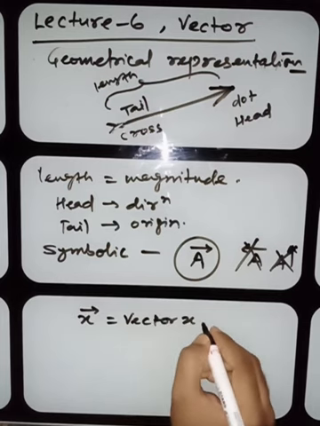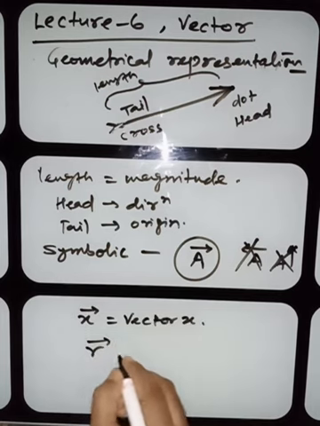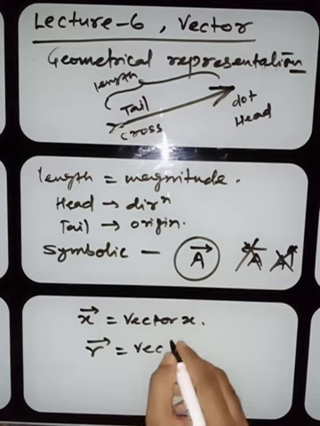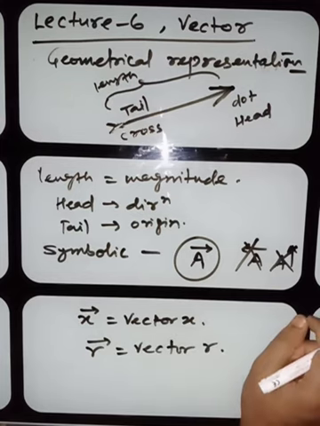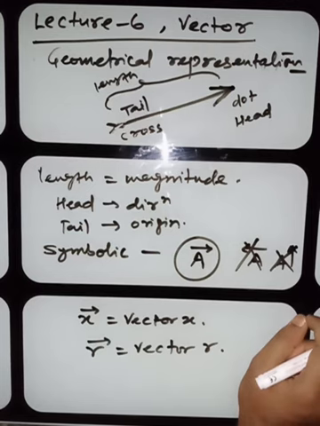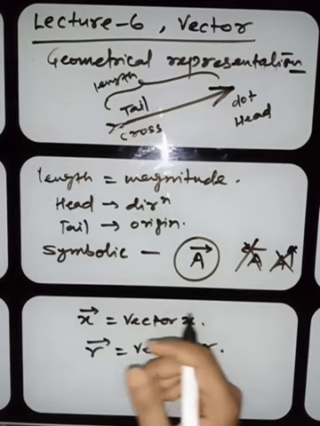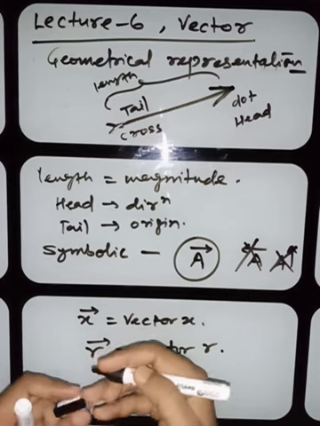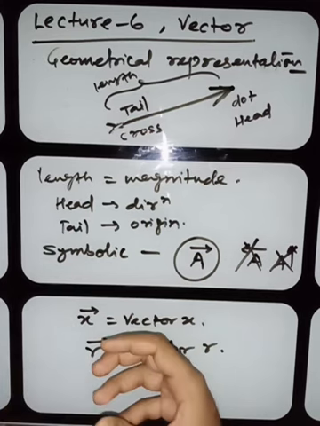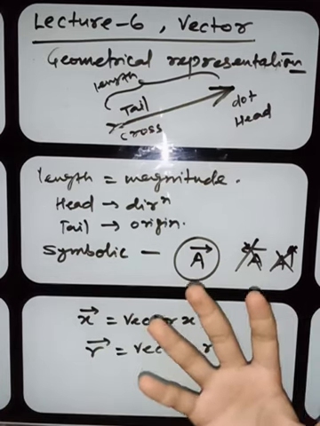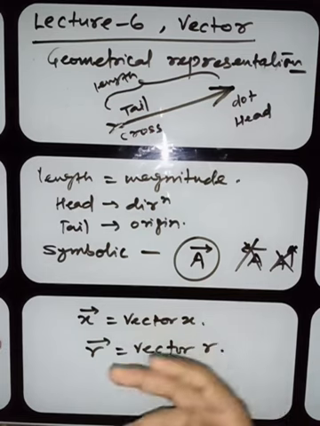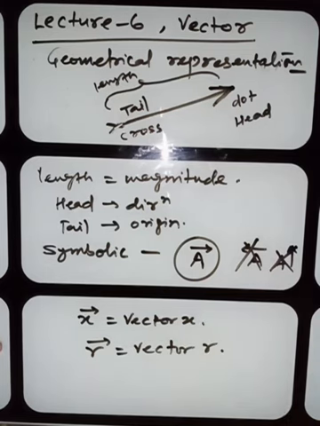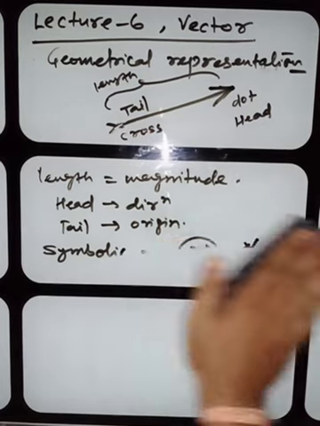If you put r, then it is vector r. So these are the representations, basically. Okay, students, next we will discuss the direction of a vector, or the angle between two vectors, and how to represent the angle between two vectors. So let me wrap this up.